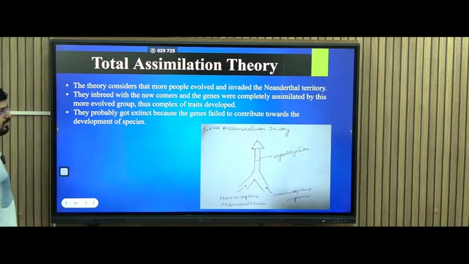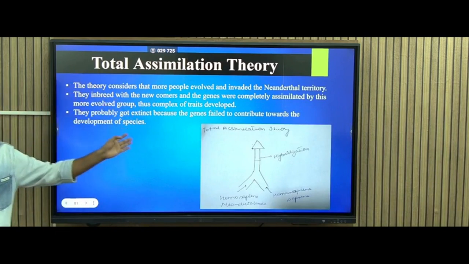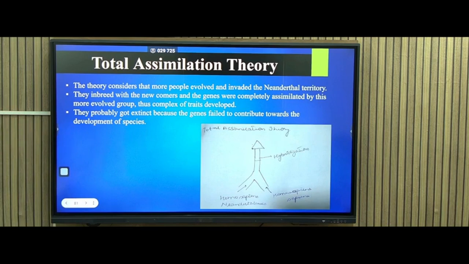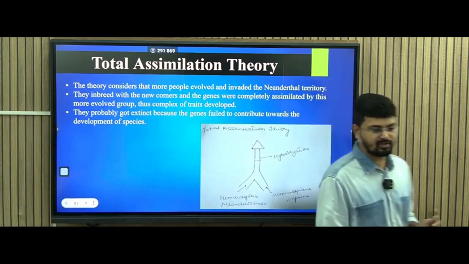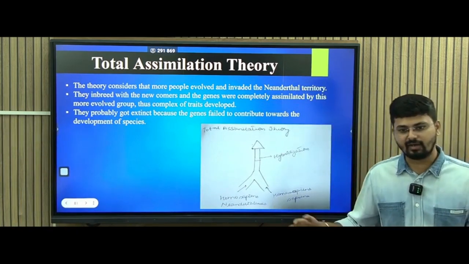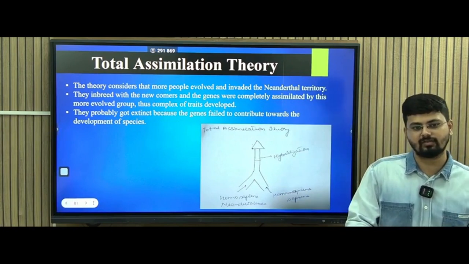Then total assimilation theory: more people of Homo sapiens evolved and invaded the Neanderthal territory. They interbred with the Neanderthals, so there was interbreeding, and the genes were mixed into the Homo sapiens. So the Neanderthals did not become extinct. Rather, they were assimilated into Homo sapiens.